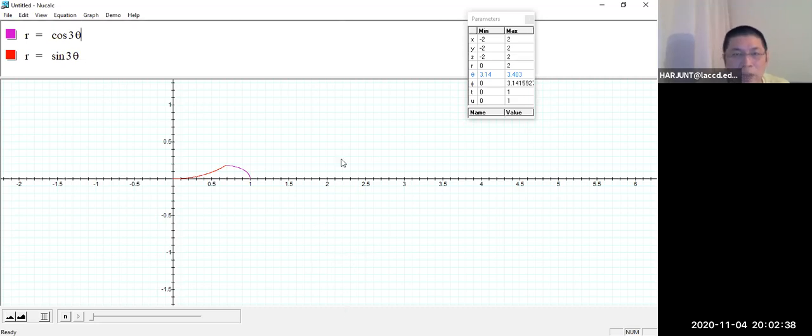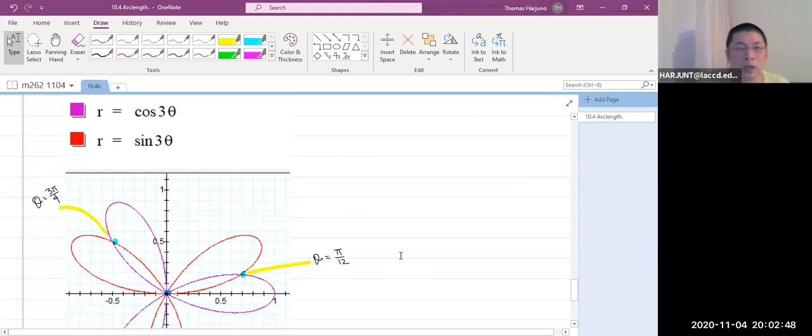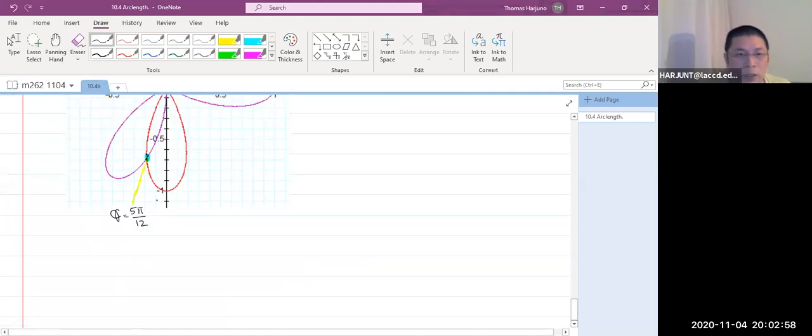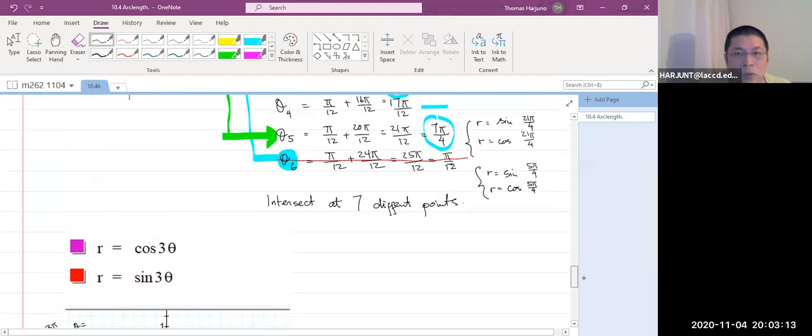It hits the same place twice for each one of them. So it's not that we got it wrong, but this actually becomes when it hits again there at 13 pi over 12, and it hits here again at 13 plus 4, 17 pi over 12, and it hits here again at 7 pi over 12.